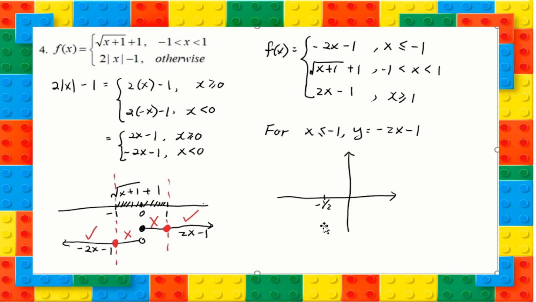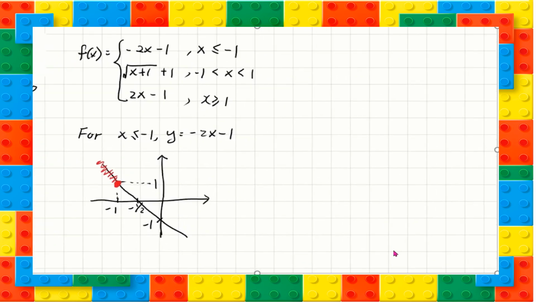When y equals 0, x is -2. When x is 0, y is -1. Now we need to mark the part of the graph that we need to take, which is x less than -1, including -1.